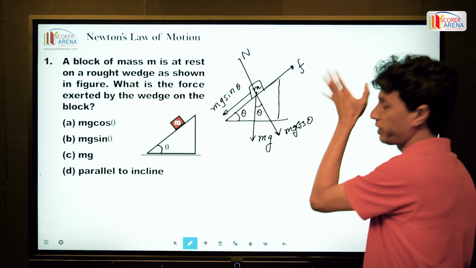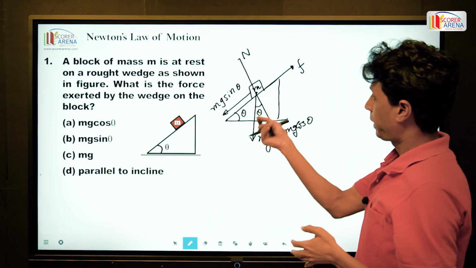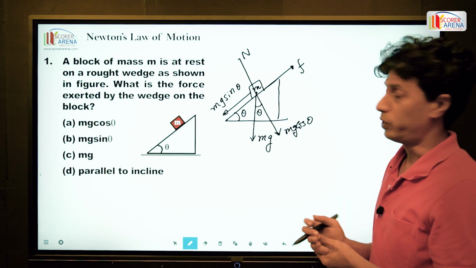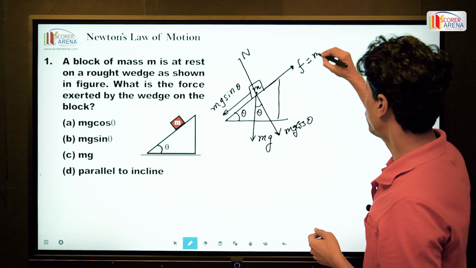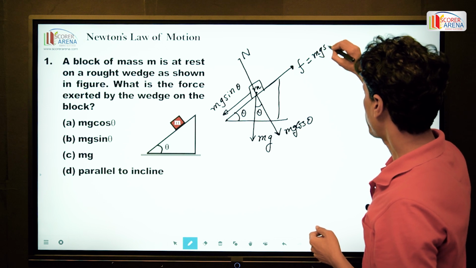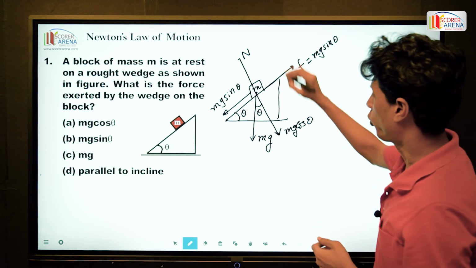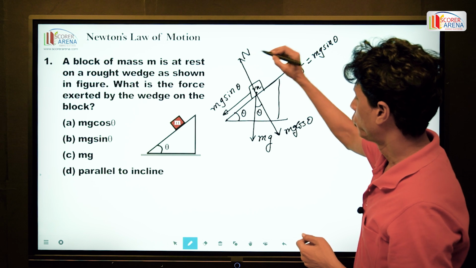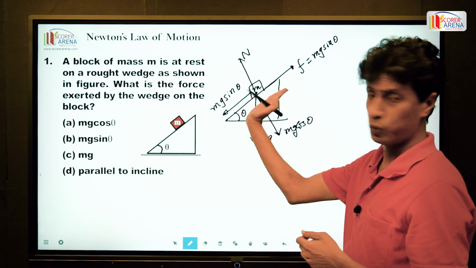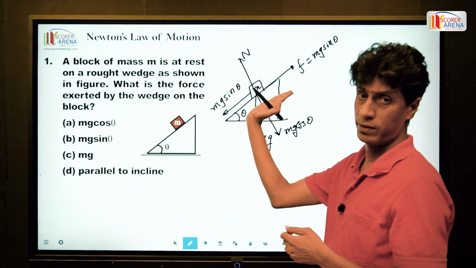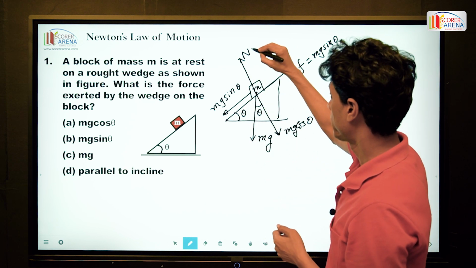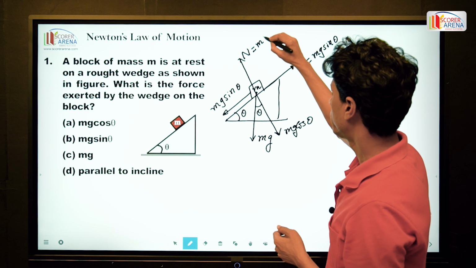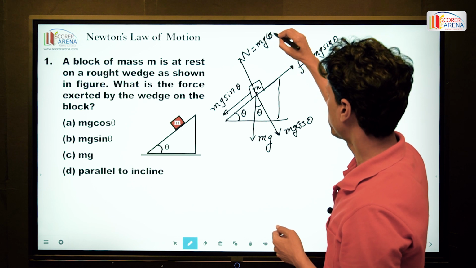Therefore the friction here acts along the inclined plane upward, and this F is equal to mg sin theta, and the normal reaction by the inclined plane on the body is mg cos theta.